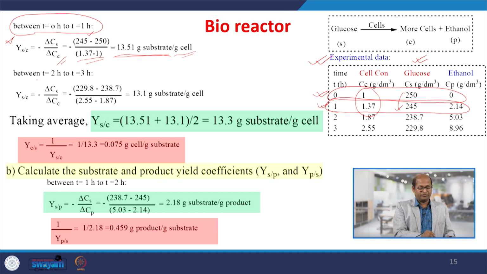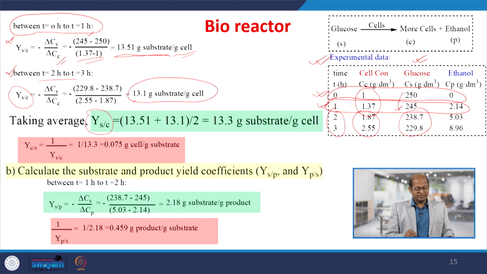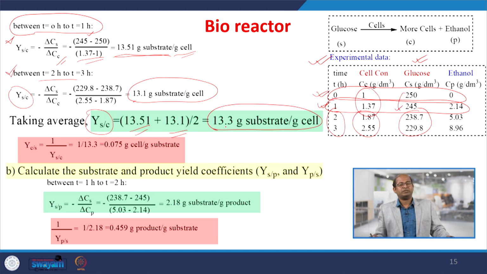Okay. Similarly, for 2 hours to 3 hours, in that period of time cell changes and substrate changes we can know, and then YSC for this particular time range also we can find out. Okay. So, now we are taking the average. So, YSC, if we take the average of 0 to 1 hours and 2 to 3 hours, then 13.3 gram of substrate per gram of the cell formation.